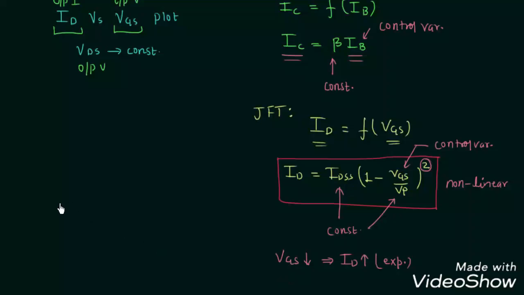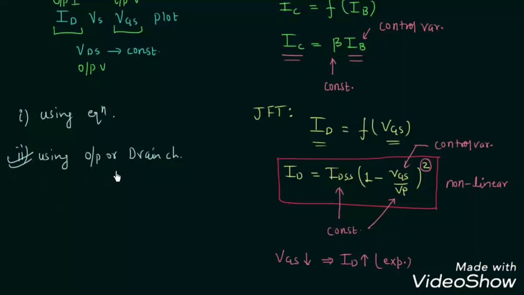Now we will obtain the transfer characteristics, and there are two ways to obtain it. The first way is using the equation, and the second one is using the output or the drain characteristics, and we will use the second way.